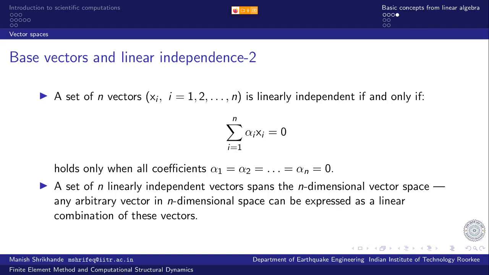So as long as we have n linearly independent directions, any arbitrary vector in n-dimensional space can be represented in terms of these vectors. That is the mathematical definition. It is possible to do so, but it is extremely difficult if the vectors are not orthogonal to each other. Orthogonality makes life much simpler, and that is why we refer to orthogonal directions.